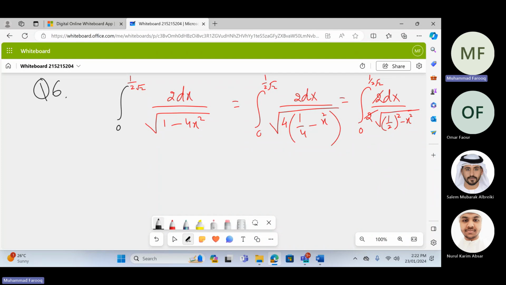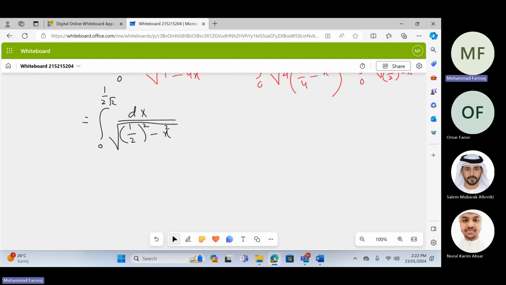Just write the final version: integrate 0 to 1 over 2 square root 2, dx divided by the square root of 1 by 2 squared minus x squared. Now identify which substitution. It is sine. Yes, a squared minus x squared is sine. Absolutely right.